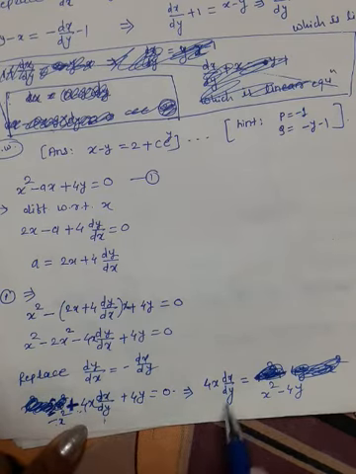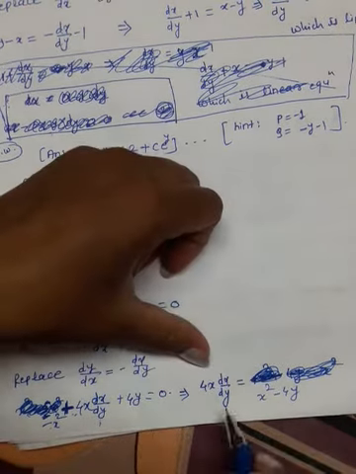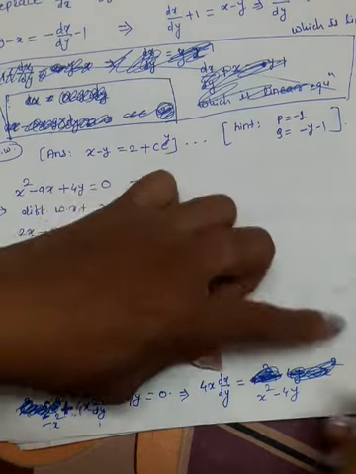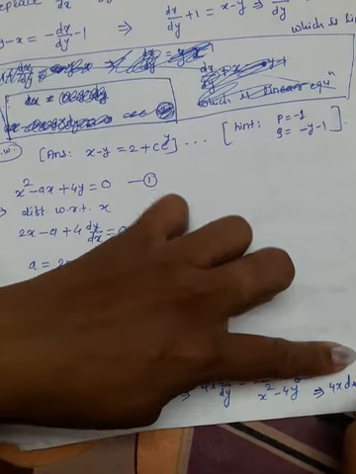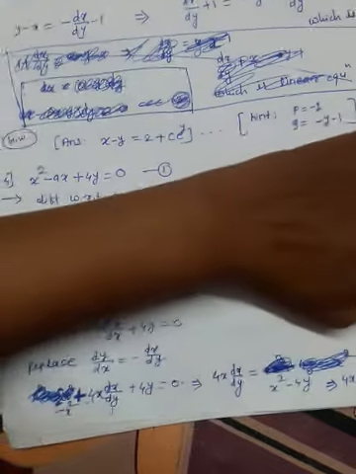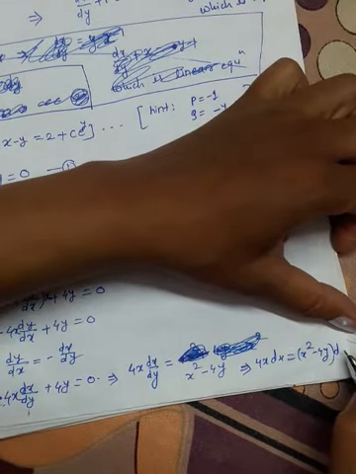We get 4x dx by dy is equal to x square minus 4y. Now take this dy on that side, we get 4x dx is equal to x square minus 4y dy.